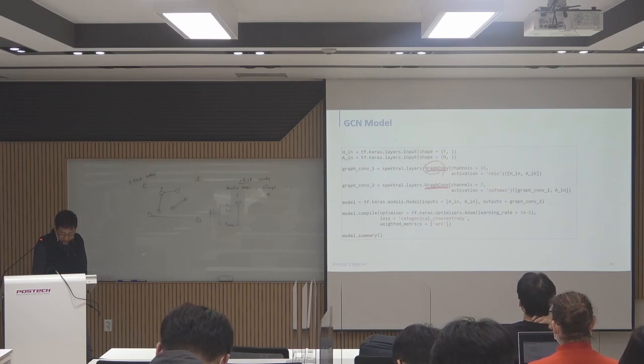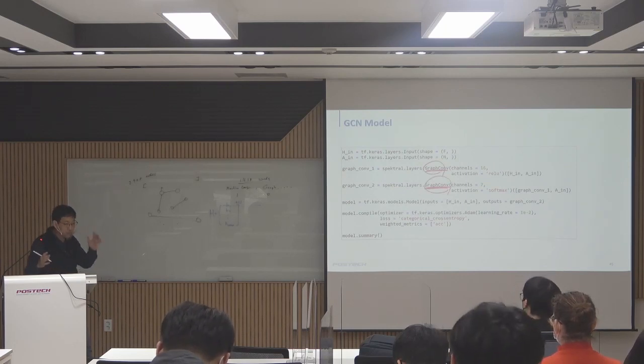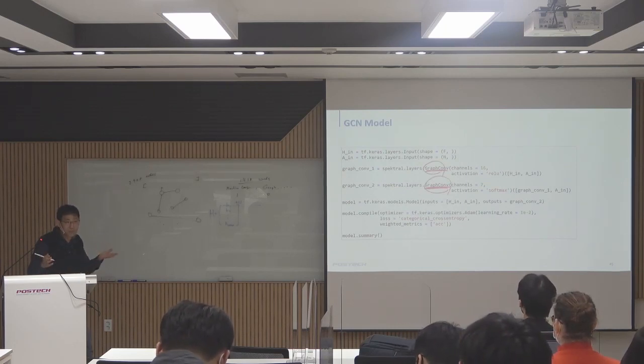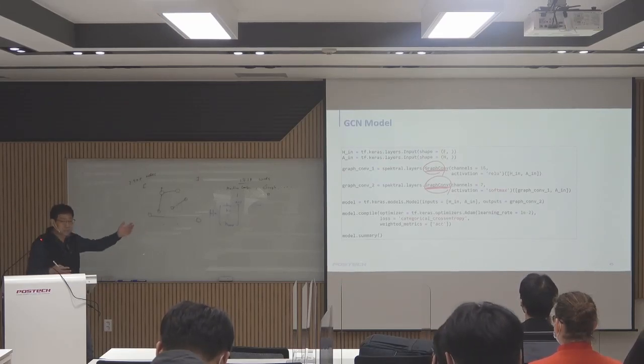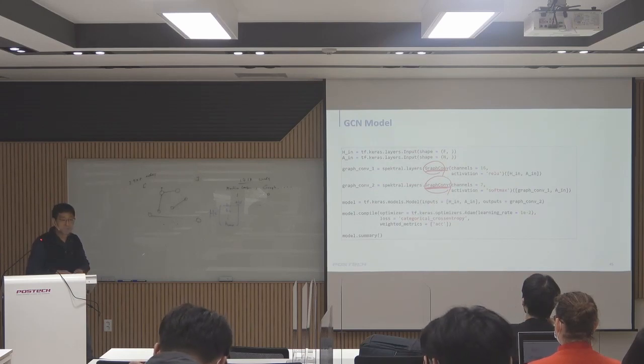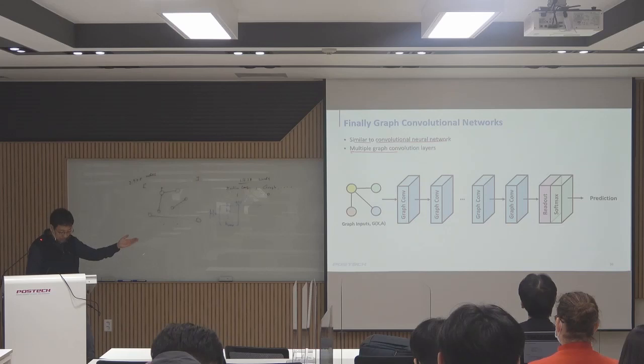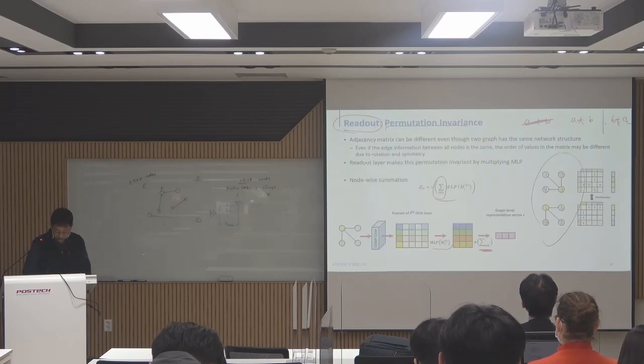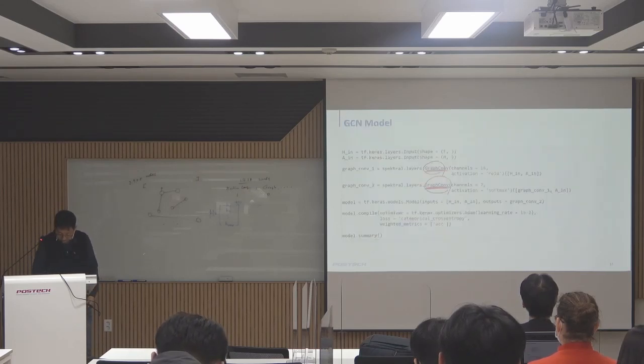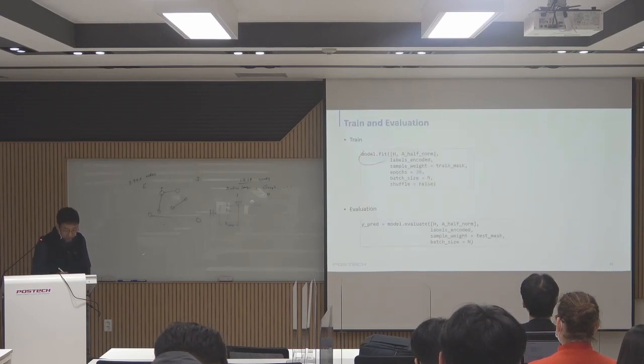So if you decide to just program or implement without knowing what's happening inside, it's still possible. You can build the GCN models. But what's happening inside, I kind of explained here. Then we compile it, summarize it, and model.fit.